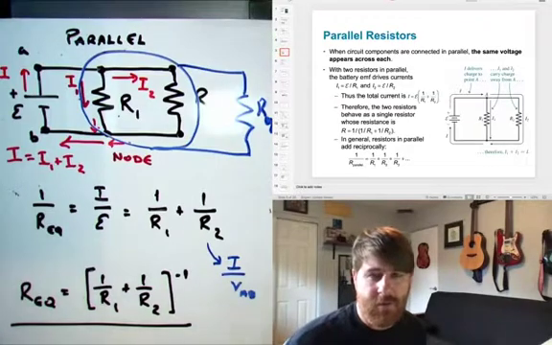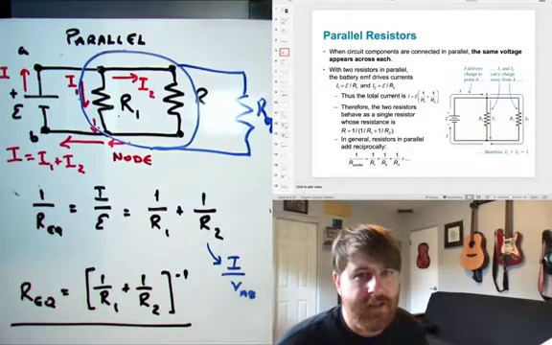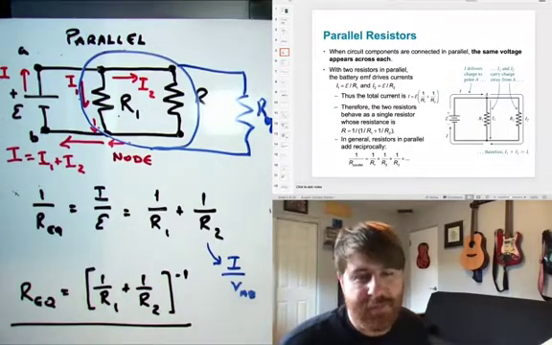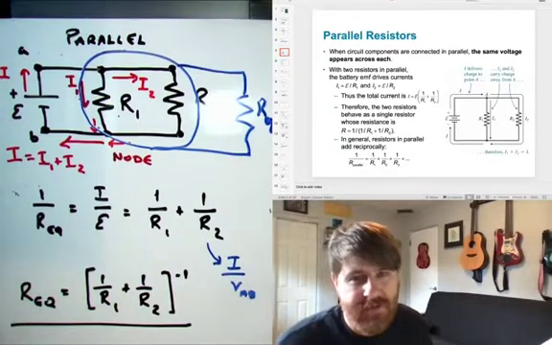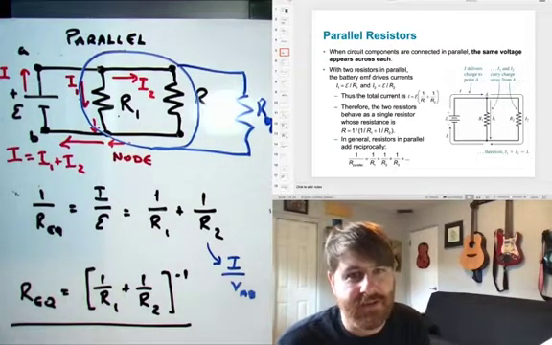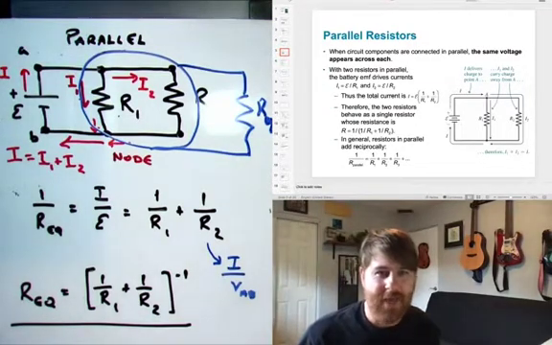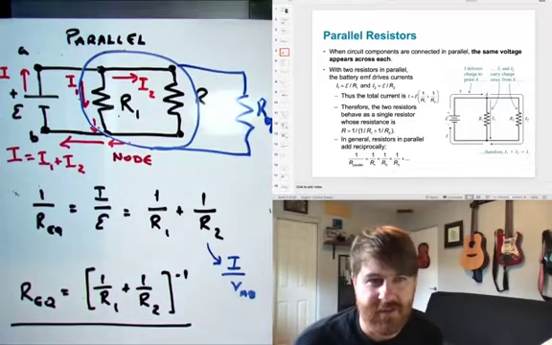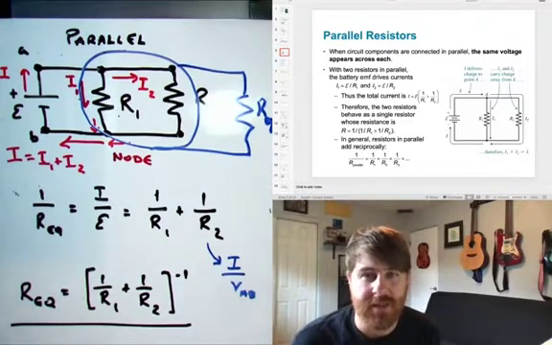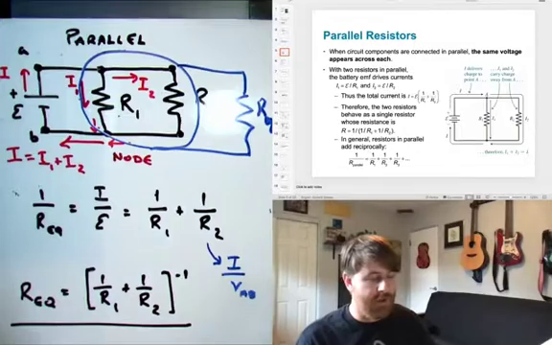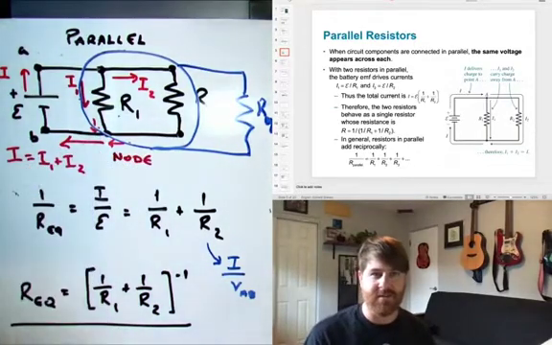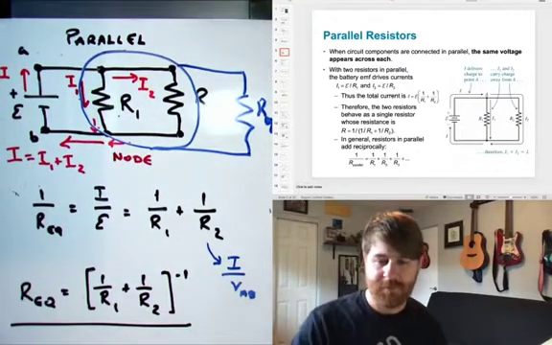So now what we're saying is in parallel, resistors add reciprocally. The equivalent resistance of parallel resistors is the reciprocal of the reciprocal sum. Okay? And that ensures that the equivalent resistance will always be less than the smallest of the individual resistors that went in there.